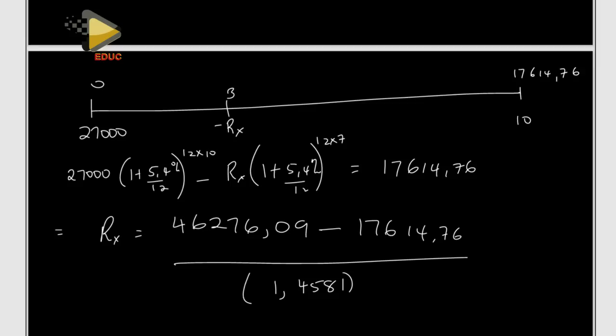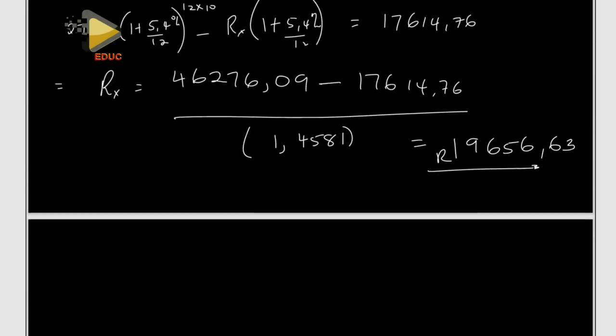I'm getting 19,656.63. Okay, so this is what I'm ending up with, 19,656.63. According to this format, this is what I'm ending up with, but there could be another format.